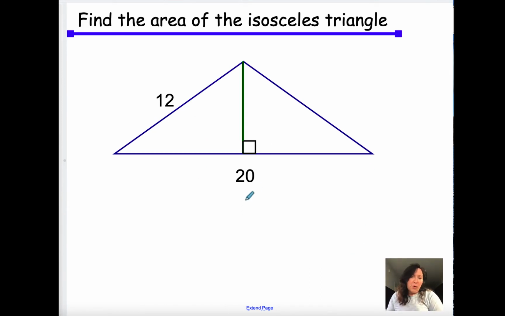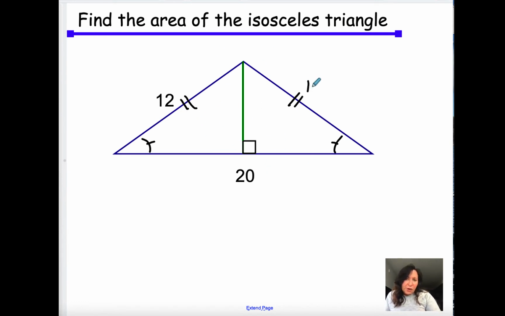The second example that we're going to cover is basically to find the area of an isosceles triangle. Now, in an isosceles triangle, what you do know is that if both of the sides have equal lengths, then also both these angles are equal. The angles opposite the congruent sides are congruent.